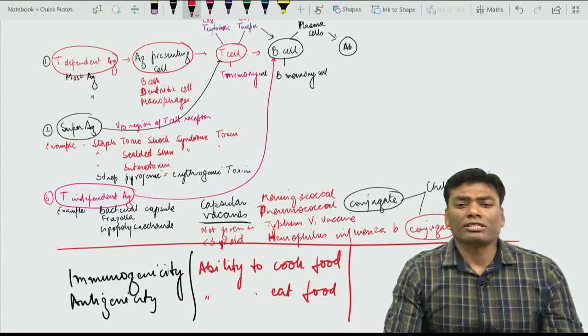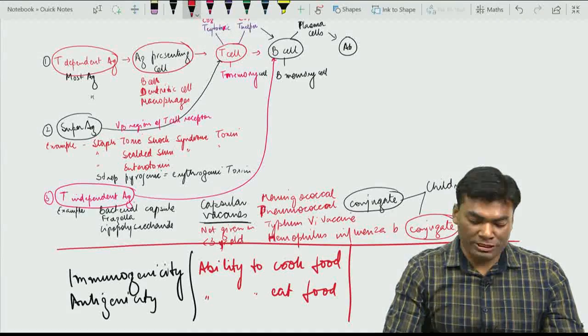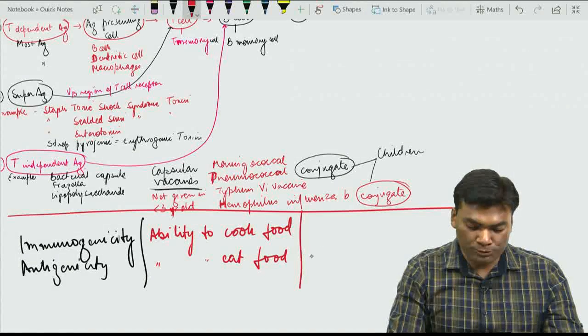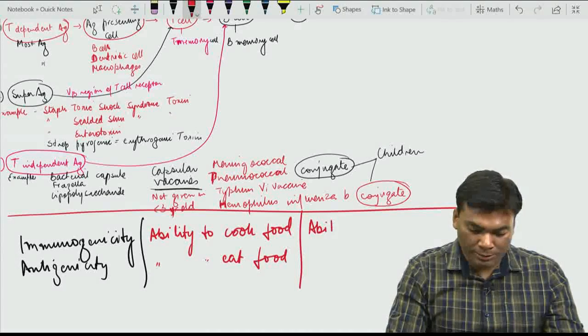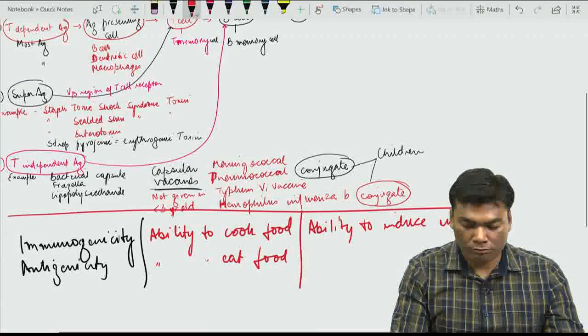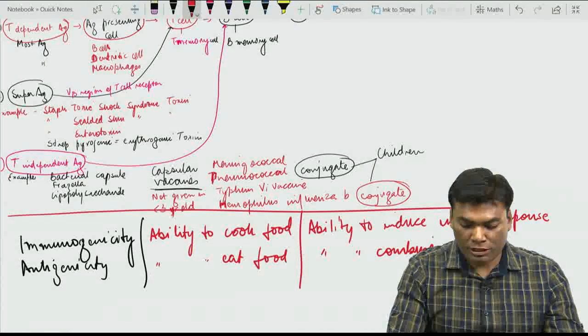So if you see it here, antigenicity is the ability to eat food and immunogenicity is the ability to cook food. In technical terms, immunogenicity is the ability to induce immune response, and antigenicity is the ability to combine with products of immune response.